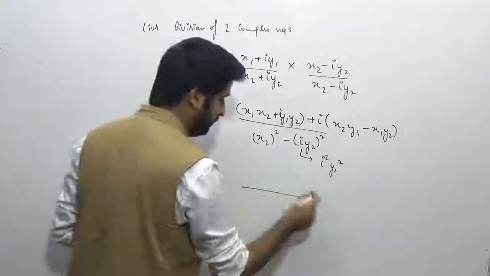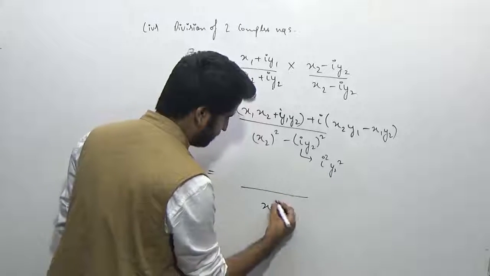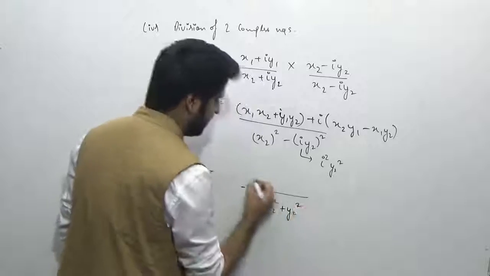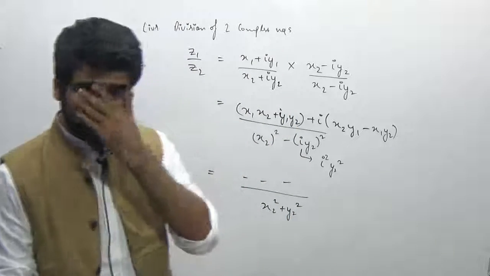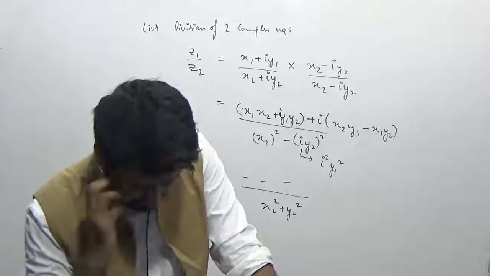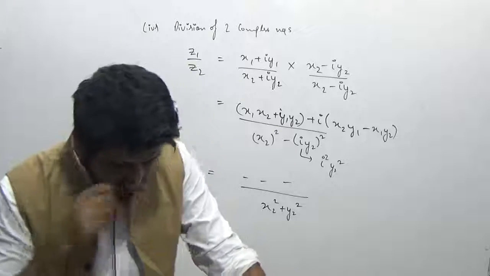We have to make it a rational number. This will become x2 square plus y2 square and the numerator will remain the same. So this is the basic application of division of two complex numbers.